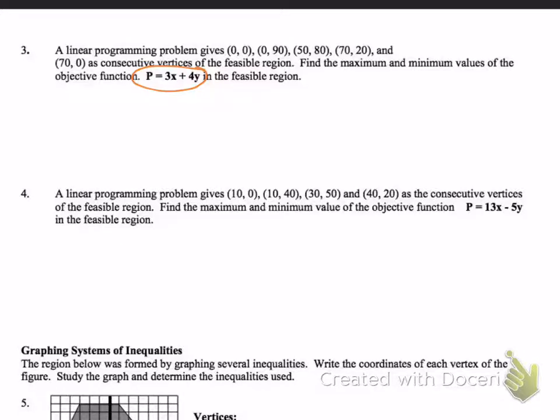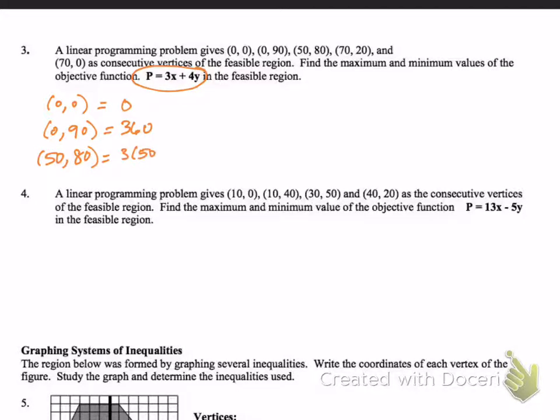And so I start with 0, 0. Obviously, when you plug in 0, 0, you'll end up getting 0. The next one is 0, 90. And so I would plug that in. 3 times 0 plus 4 times 90 is going to give me 360. 50, 80.